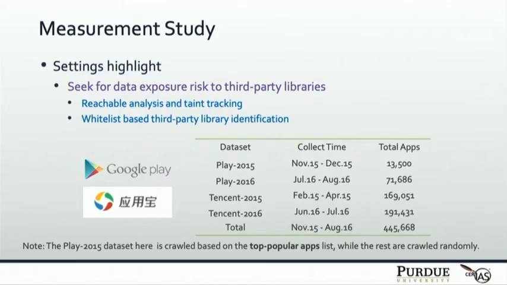Note that in this study, instead of detecting privacy leaks to the network, we only looked at leaks of sensitive data to third-party libraries from the app. This is because once we identify an untrusted library obtaining this private data, it can often manage to send out the data through any kind of covert communication channel.